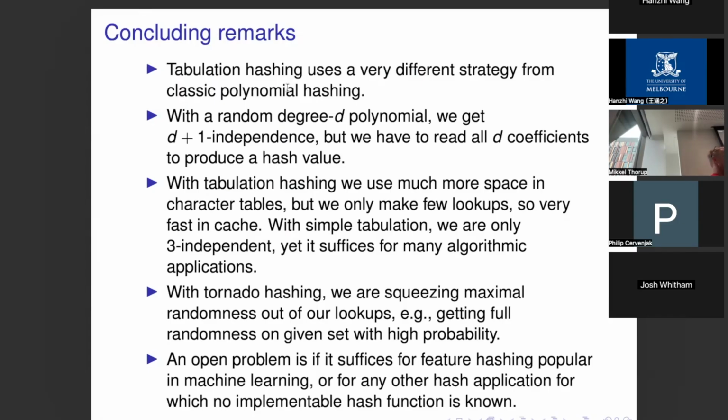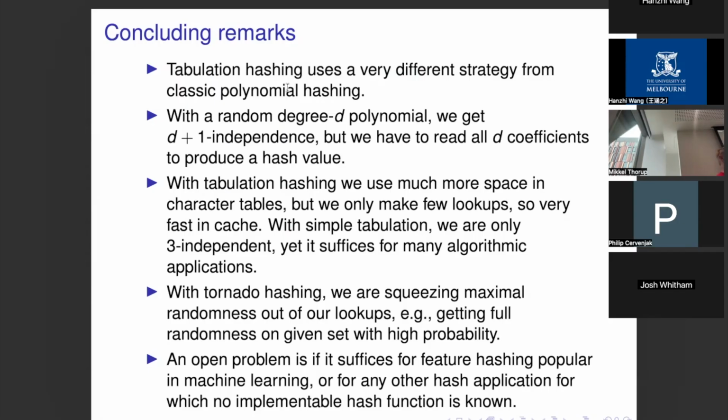I mean, it can get very complicated, but we have proven that it works for Johnson-Lindenstrauss, so for dimensionality reduction. We have proved that it works for similarity estimation, linear probing, all kinds of things. But you kind of have to start from scratch with the analysis. But the good thing is you take things that nobody knew how to implement. Nobody knew how to do sparse Johnson-Lindenstrauss with a realistic hash function before.